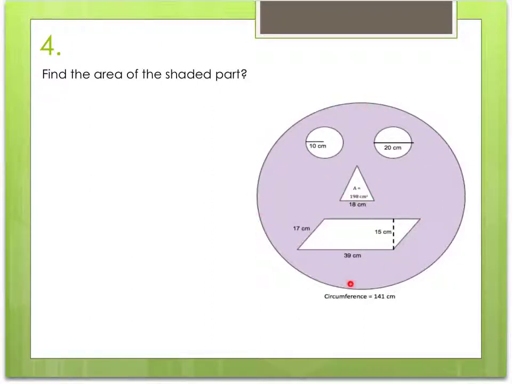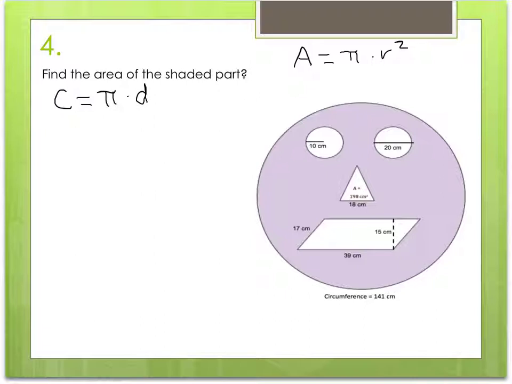Now that we have calculated the area of the eyes, the nose, and the mouth, we need to calculate the total area of the face and subtract the individual parts that we've already calculated. It's important to remember that the area of a circle is equal to pi times radius squared, or r times r. The only value we are given to calculate the area of the circle is the circumference of the circle, which is 141 centimeters. Remember that the formula for circumference is C is equal to pi times our diameter.